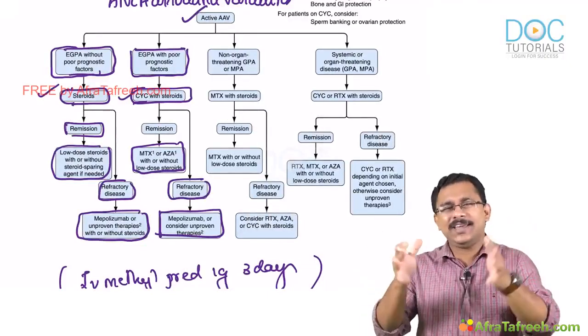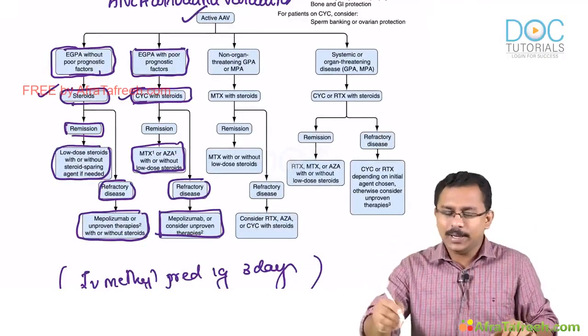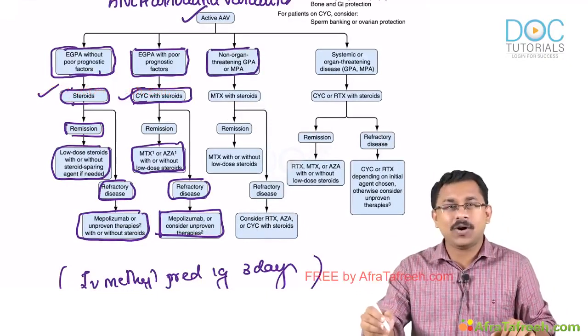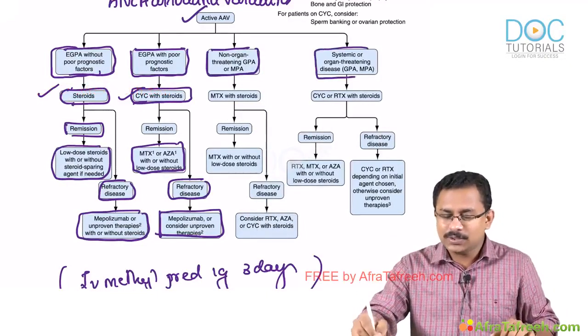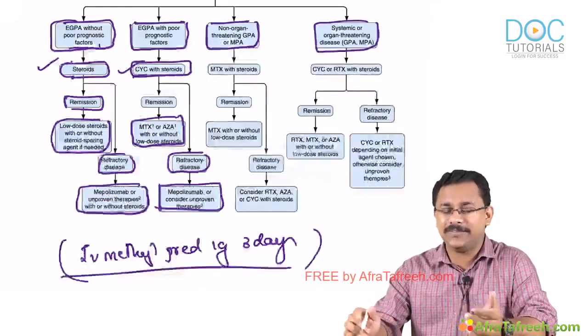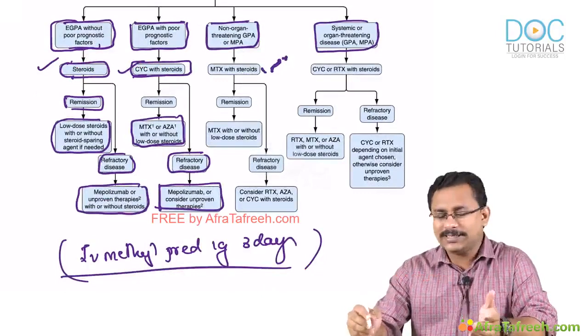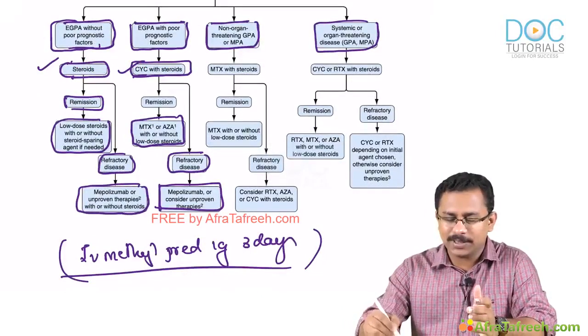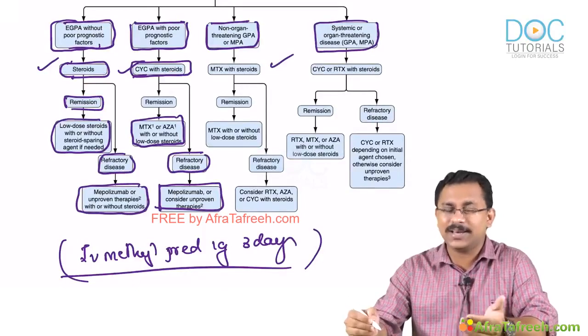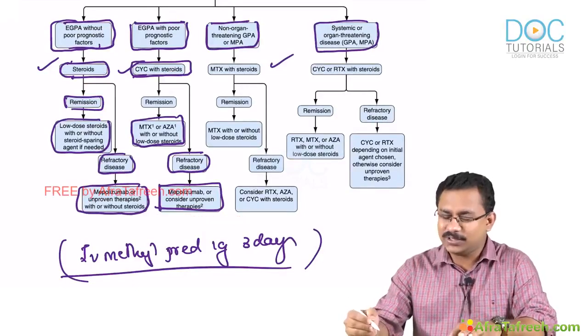Now coming to the GPA as well as microscopic polyangiitis. The discussion of the treatment, you can discuss it together depending upon whether it is an organ threatening GPA or not an organ threatening GPA. So if it is a non-organ threatening GPA, if the manifestations are not severe, you can go for steroids either alone or steroids with methotrexate. And if the patient is having remission, you can think of tapering the dose of steroids.